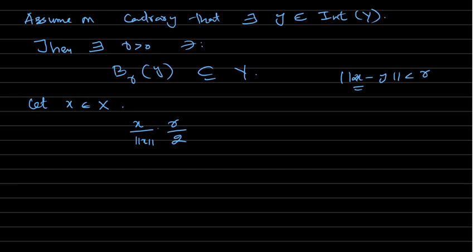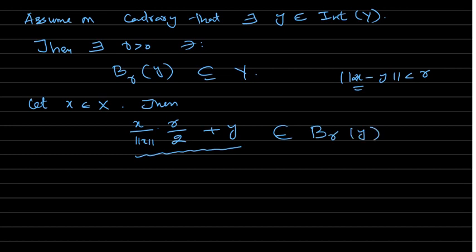What's the norm of this one? This is r by 2, which is less than r, right? So let's write this plus y here again. Let's see this point. Then this point belongs to the ball B(y, r).